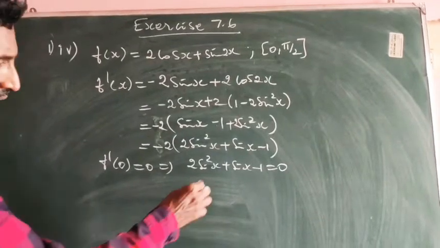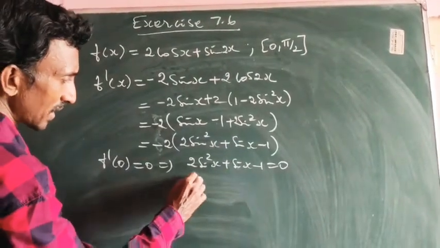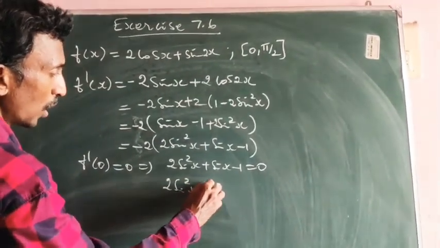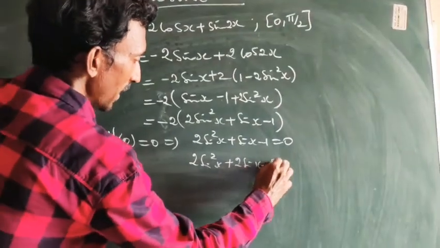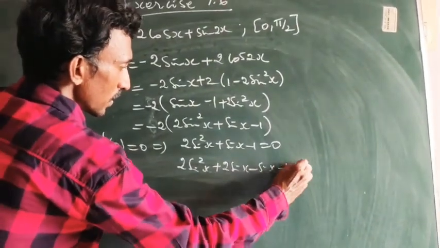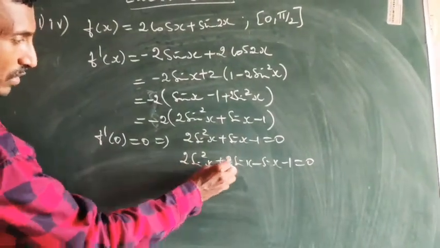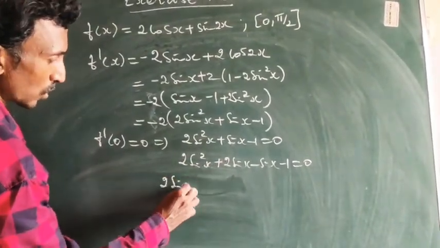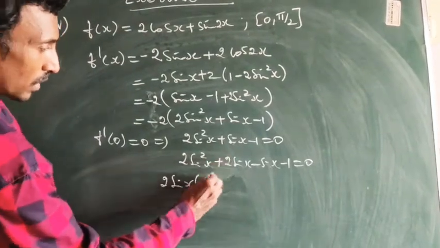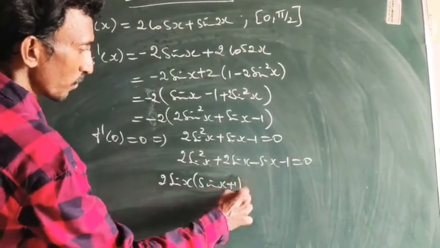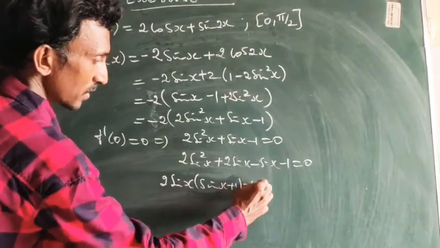So to factorize this, write this sin x as 2 sin x minus sin x. Okay, so 2 minus 1 is 1. So for the first two, take 2 sin x in common. So 2 sin x into sin x plus 1. For the remaining two, take minus 1.